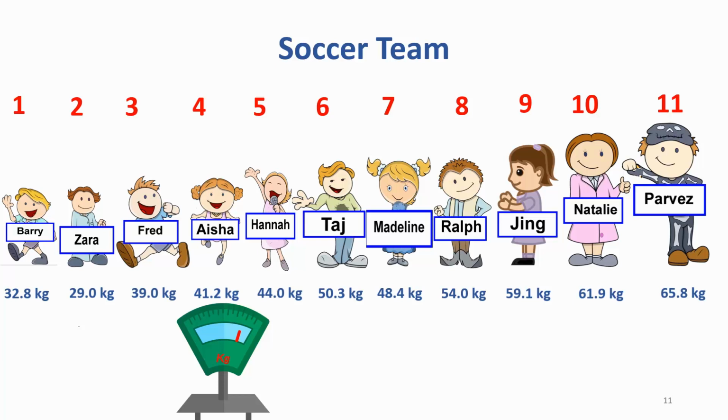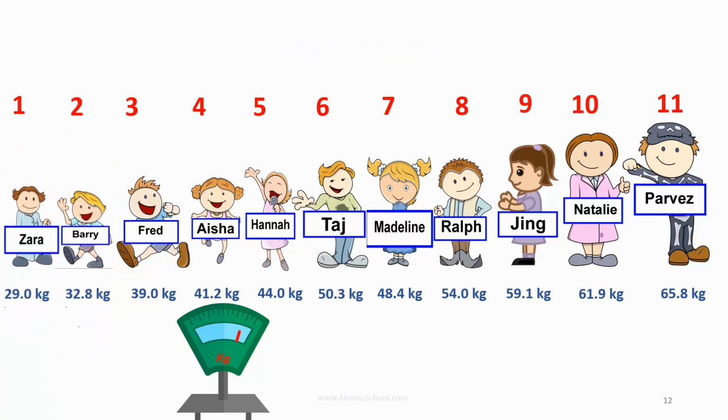Going from lightest to heaviest, who should come first? Zara is the lightest, so she's first. She needs to swap with Barry.